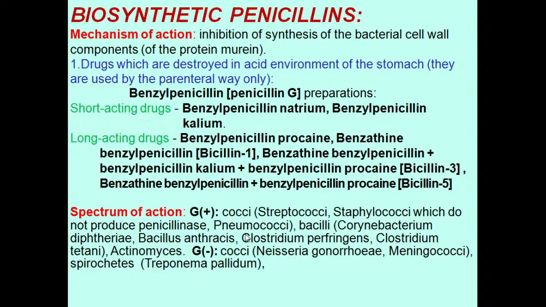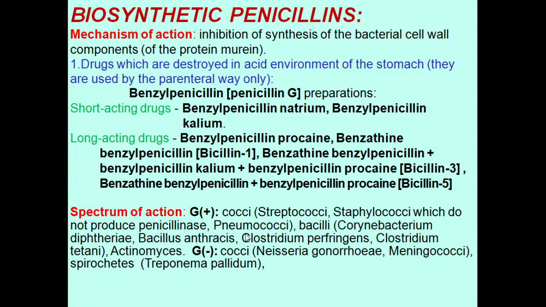And now let us discuss. So first of all, we distinguish biosynthetic penicillins and semi-synthetic. Of course, historically, the first were biosynthetics, but the mechanism of action in all penicillins is one and the same.